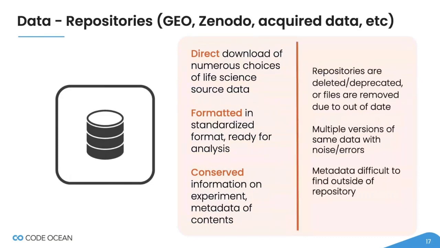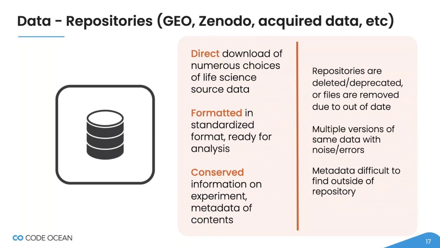While it provides you a method for doing direct download of numerous choices of life science source data, repositories can be easily deleted, deprecated, or files are removed due to being out of date. Like I mentioned before, if you're trying to access a specific version of DepMap, if it's incredibly old, it may not be available on the original repository as it was at the time the analysis was first done.